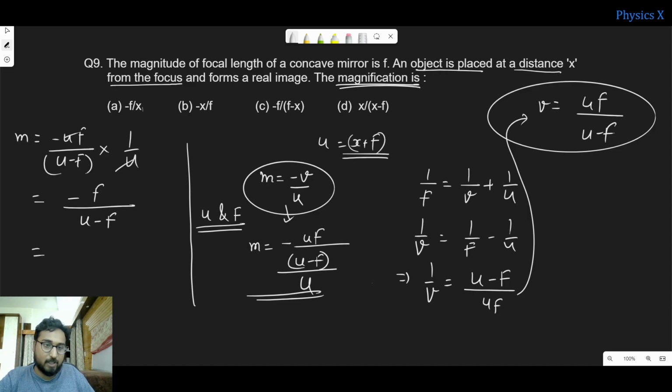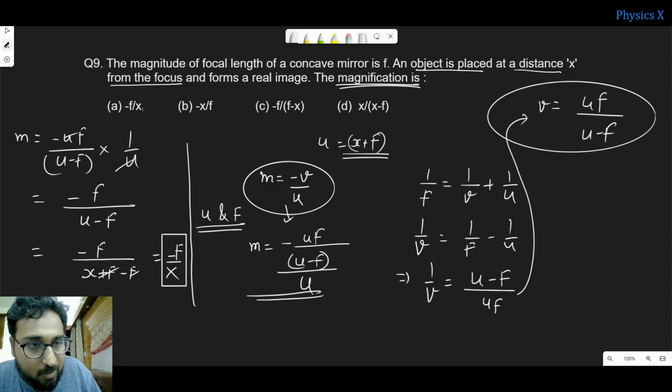If I put it here, minus f upon x plus f minus f. So this f gets cancelled out, and we are left with minus f by x. So the answer will be minus f by x.